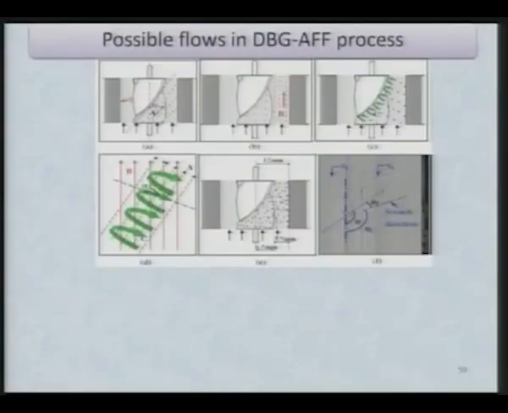Now, they have tried to show analytically that the finishing rate will improve. They have analyzed the motion of the abrasive particle in the case when there is no drill bit, and the spiral motion in the case when there is a drill bit in the space within the cylindrical workpiece, and they have shown through experimental observation that the scratches formed, or the material removed, is not in the axial direction, rather it is also in the radial direction.